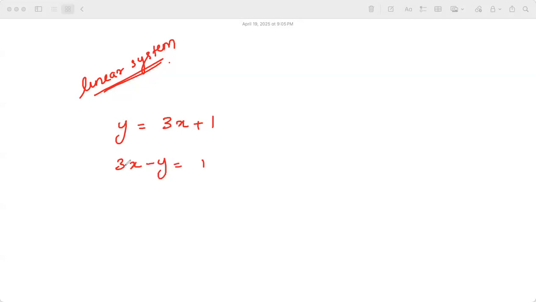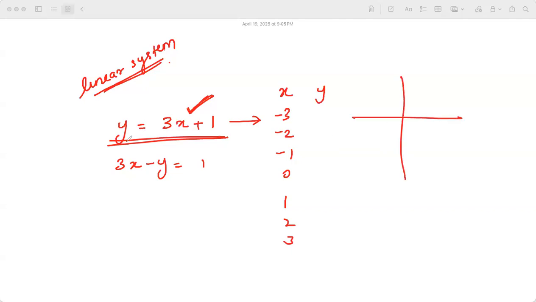If I have two different equations, think about this. When I graph this, put x and y in a table form. Put x equal to minus 3, minus 2, minus 1, 0, 1, 2, 3. Substitute it, get the y values. When you plug it into a graph, what will you get from this equation?